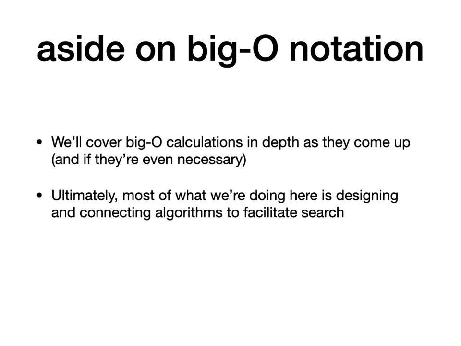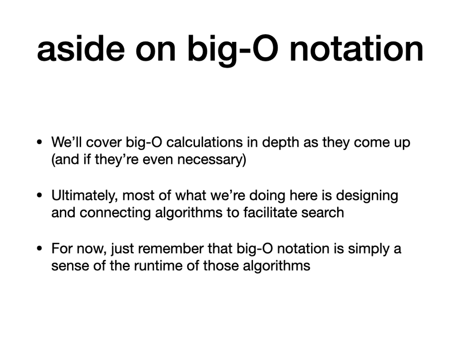But most of what we're doing here is designed at connecting these algorithms and facilitating search, and just knowing what the big O notation is, and sort of which are the good ones and which are the bad ones, is sufficient for understanding how we use big O here. And hopefully we'll get you a sort of intuition for what big O is about if you ever come across it again.